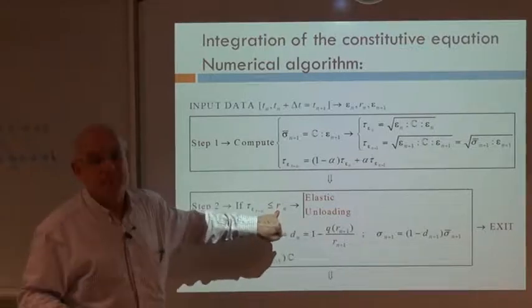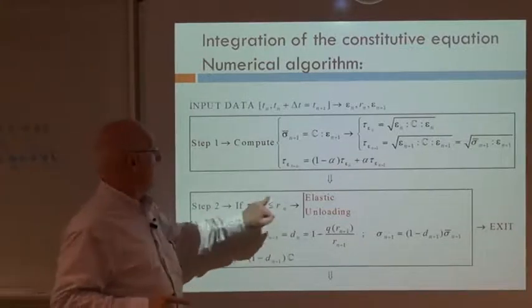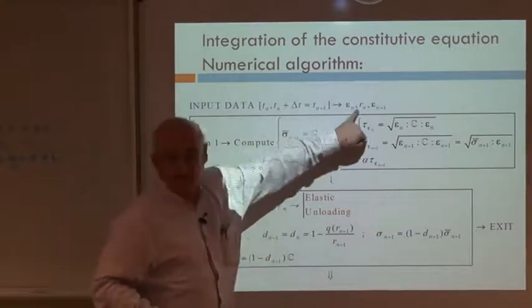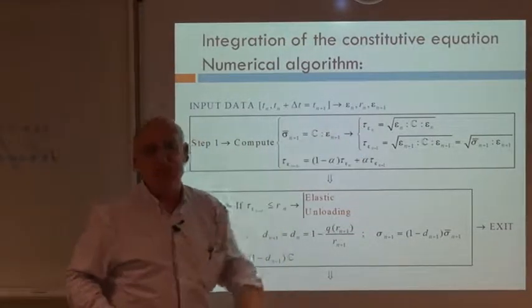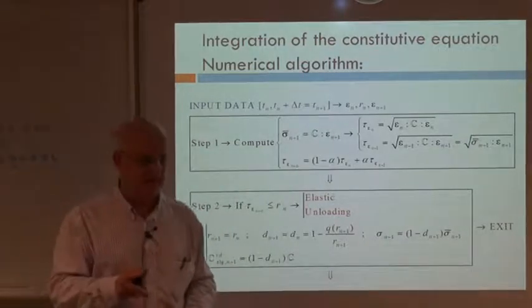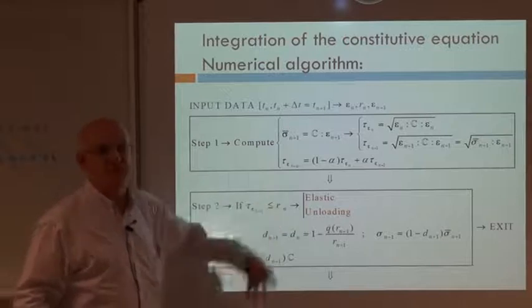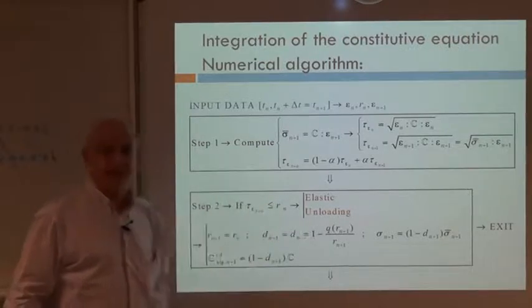But we have shown that we don't need to do that. Just by checking with respect to r n, I can determine the current state. You realize the advantage? So now I check that. If it is smaller or equal, I'm sure that I'm in elastic unloading.